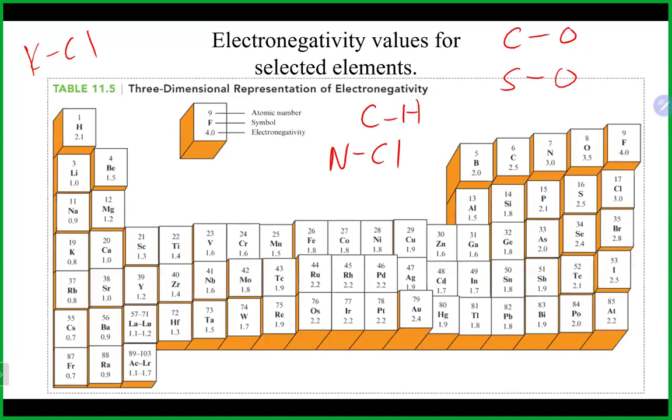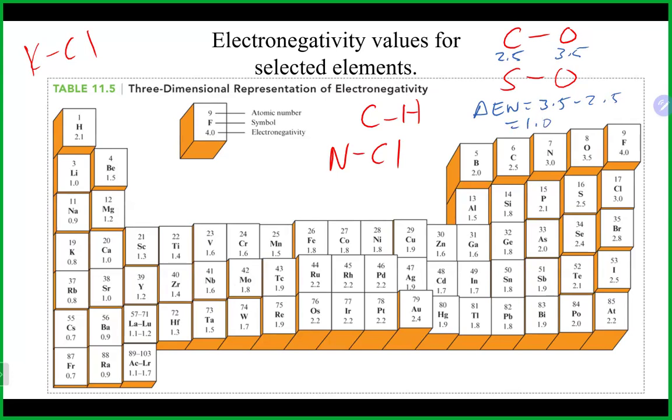Okay, let's see how you're doing. Once again, we're just going to find the two numbers and subtract them. Carbon is 2.5 on the table, and oxygen is 3.5. The difference in electronegativity is 3.5 minus 2.5, which gives us a difference of 1.